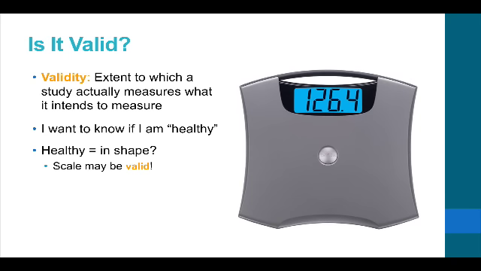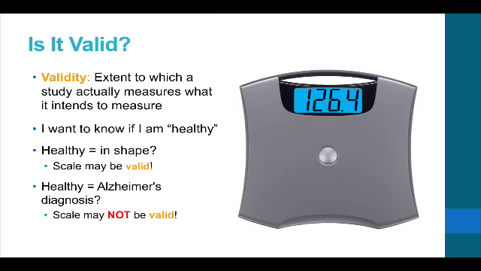This would be measuring your weight, and your weight may be a good way at getting at whether or not you are in shape. So this scale might be valid. However, if you're defining healthy as the presence of Alzheimer's, so whether or not you actually have Alzheimer's, using a scale like this may not be valid because it's not assessing the construct that you're interested in.